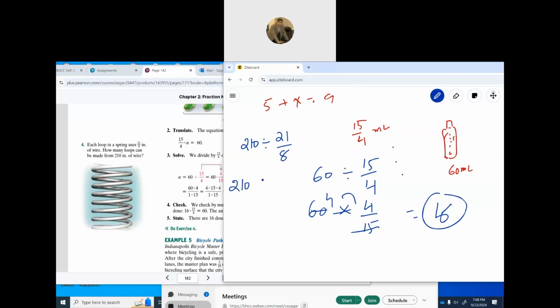Then I'm going to change the sign, 8 over 21, and cancel. 21 is gone, 1, 0 here. So 10 times 8 is 80. This is going to be my final answer.